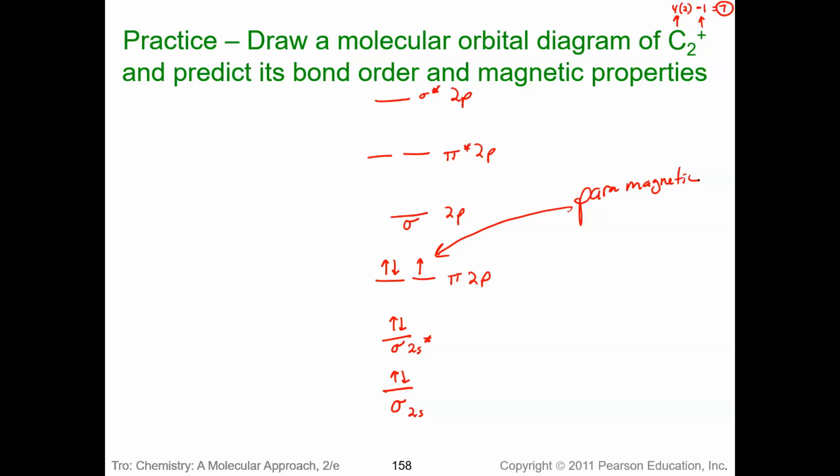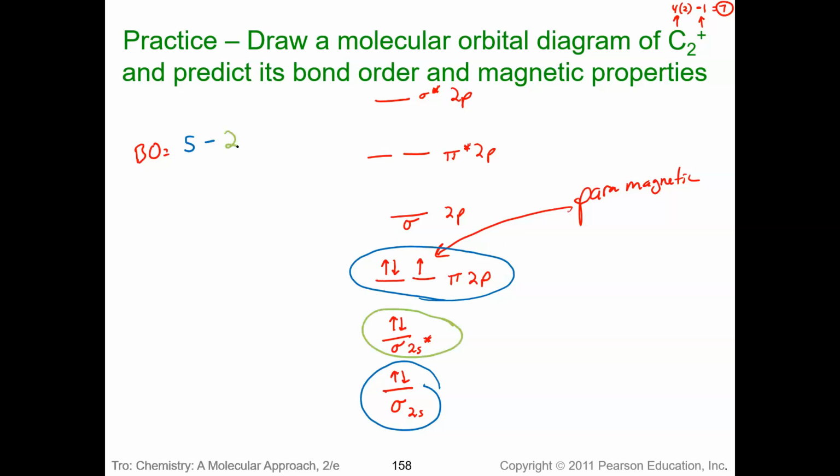We do our bond order. Remember, a bond order is whatever's in the bonding, not the anti-bonding. So this is going to be five bonding electrons minus 2 anti-bonding electrons divided by 2, right?